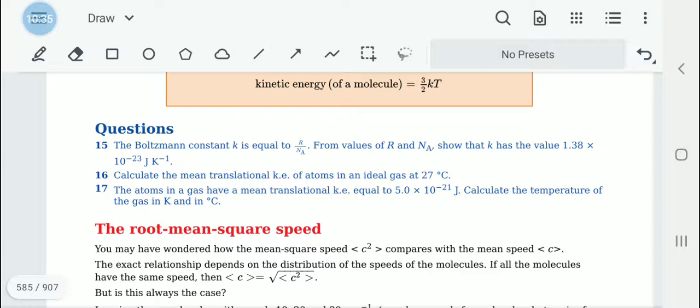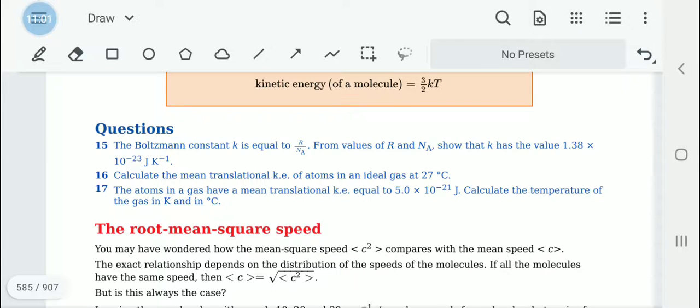So now they would give you questions. Now if you look at questions 15, 16 and 17 you will have to do, if you find it difficult, please ask me. You have to just apply the equations and the details that they have provided. Now I'm going to give you a tip on how to do these types of questions. When you consider question number 15, the Boltzmann constant k is equal to R upon Na.